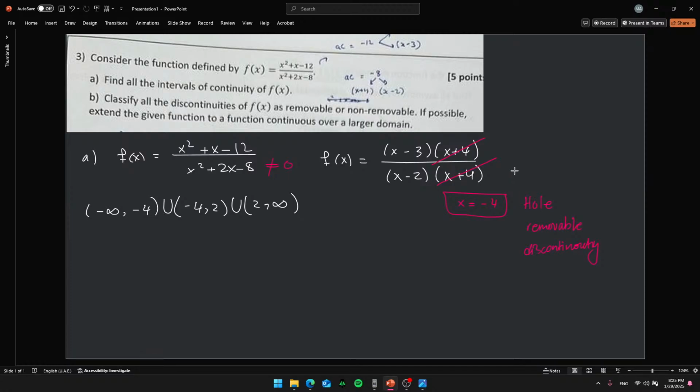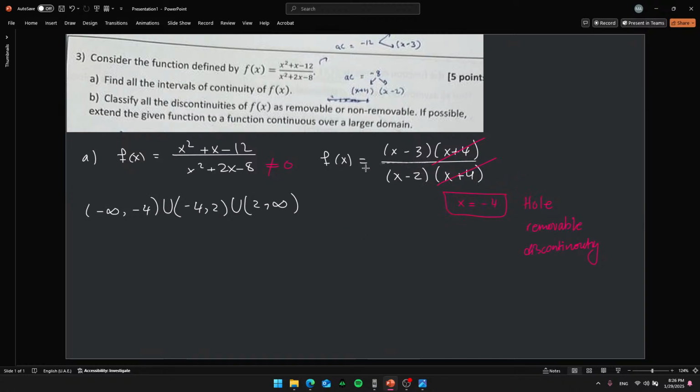The same thing applies here algebraically. If I cancel the problem from the numerator and the denominator, then I can tell that it's a hole, and its type is removable discontinuity at x equals negative 4.